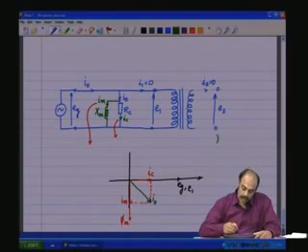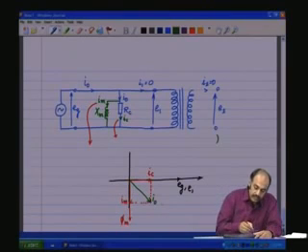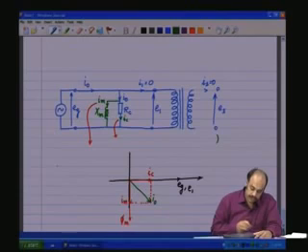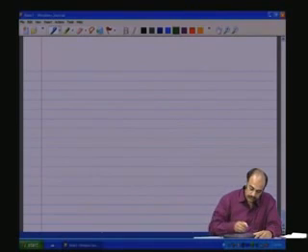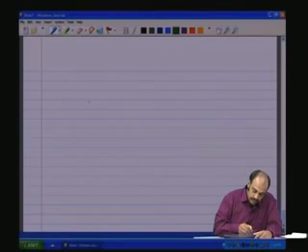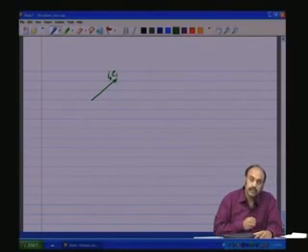Now, I naught into E1 is the VA that is drawn from the source. So, VA drawn from the source will be I naught into E1.